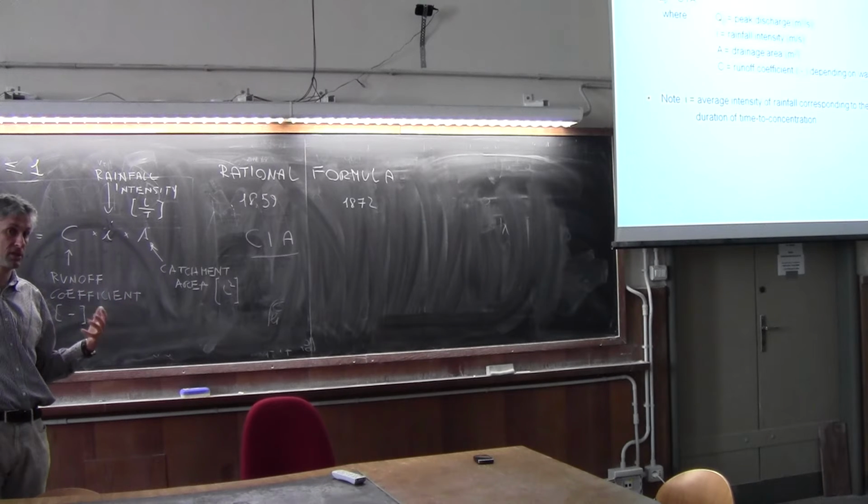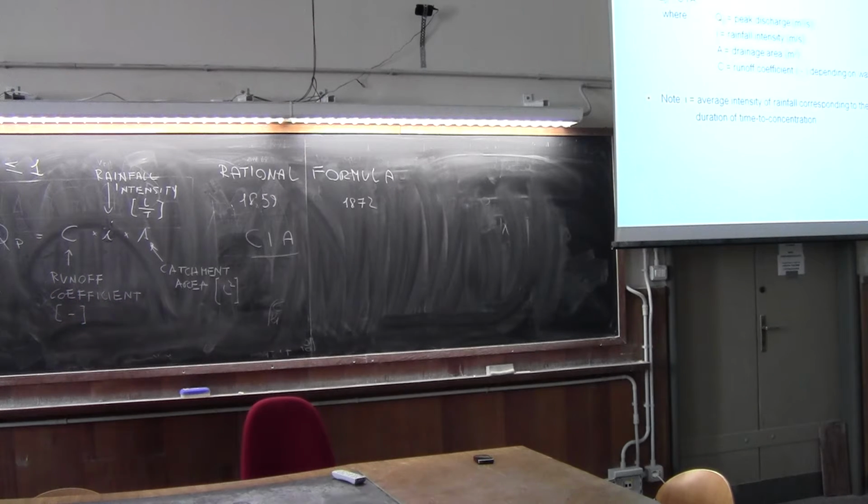But if you think in percentage terms on the estimated peak flow, the difference is 20%. So between 0.5 and 0.6, there is a difference of 20%, which means that your design variable is 20% different. So it's a problem to estimate this runoff coefficient, even because it's extremely variable.